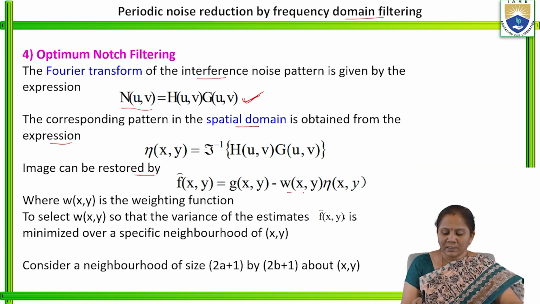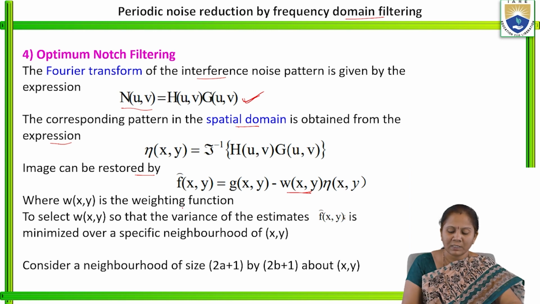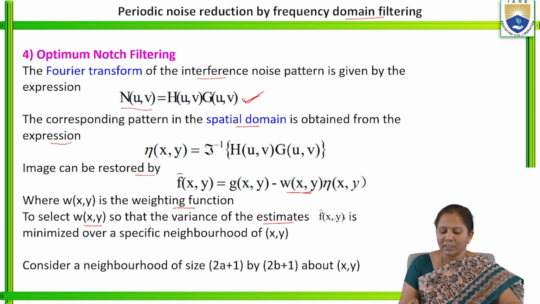So in this case, what is this w(x,y)? W(x,y) is the weighting function. To select the value of w(x,y), the variance of the estimate f cap(x,y) is minimized over the specific range of the coordinate values x,y.